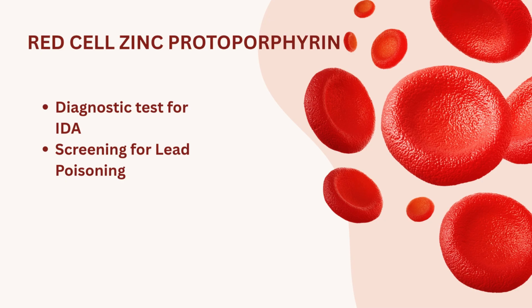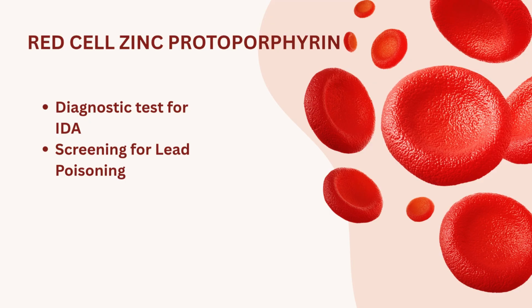Now, the next test that we will be discussing is red cell zinc protoporphyrin. So, this is the measurement of zinc protoporphyrin in red blood cells as a diagnostic test for iron deficiency anemia and a screening procedure for lead poisoning. During the development of heme, iron is inserted into the protoporphyrin 9.